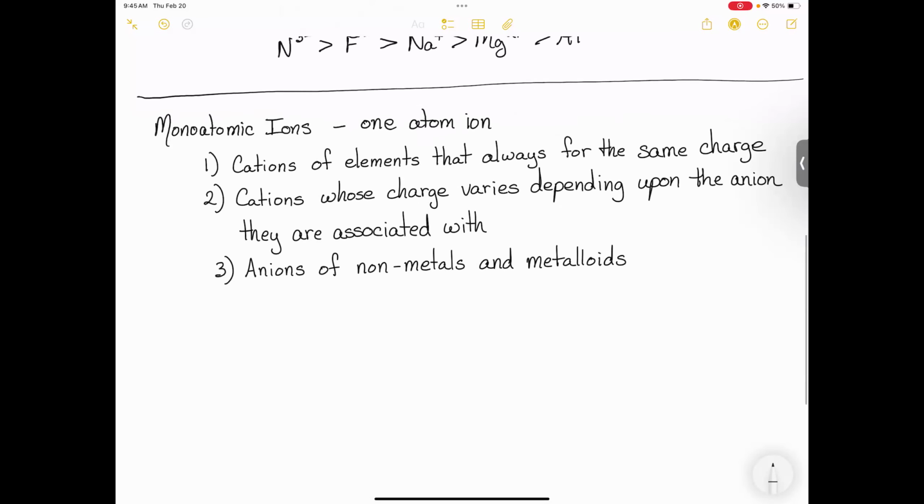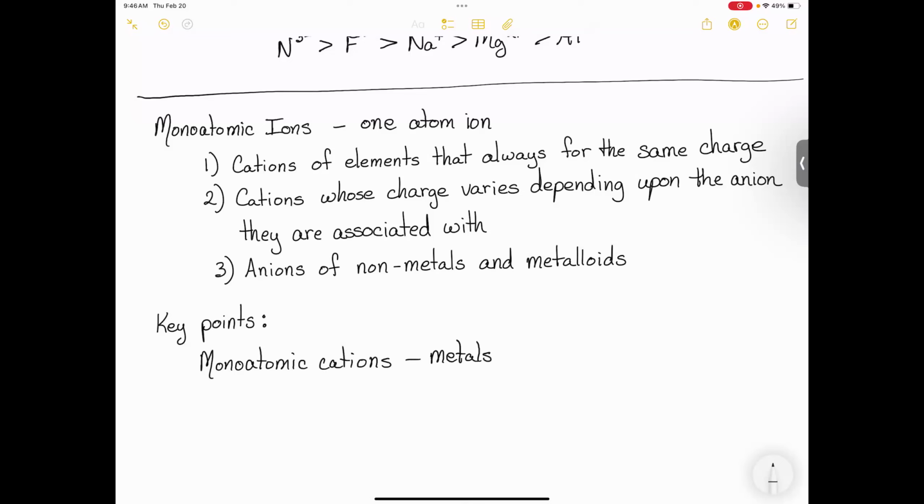Okay. Key points. With respect to your cations, again, these will be metals.